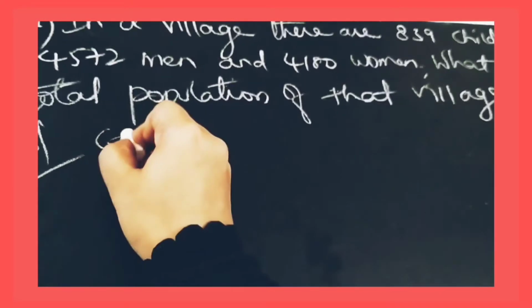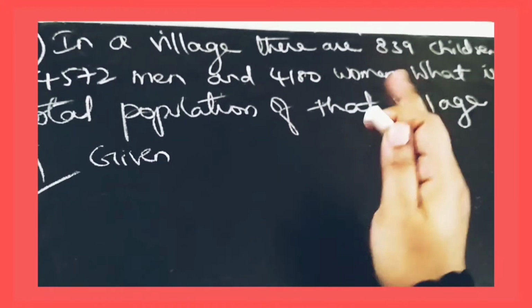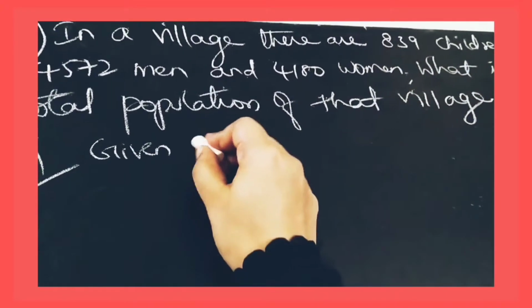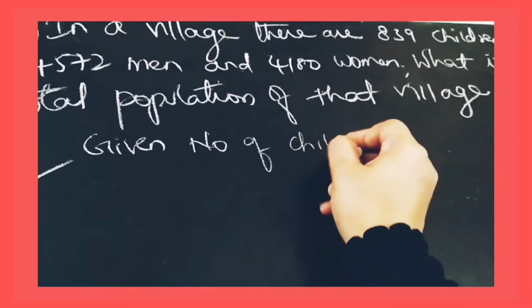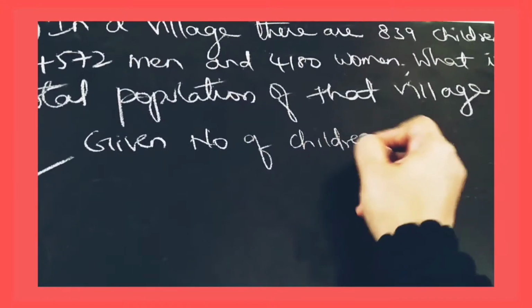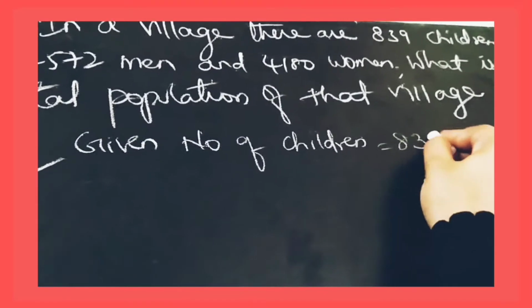So what is the given here? First you have to write the given: number of children in a village. How much is there here? 839.